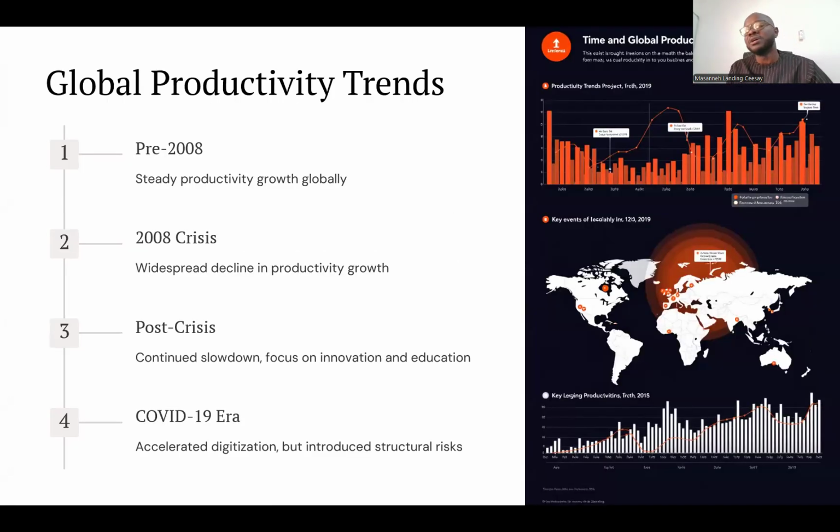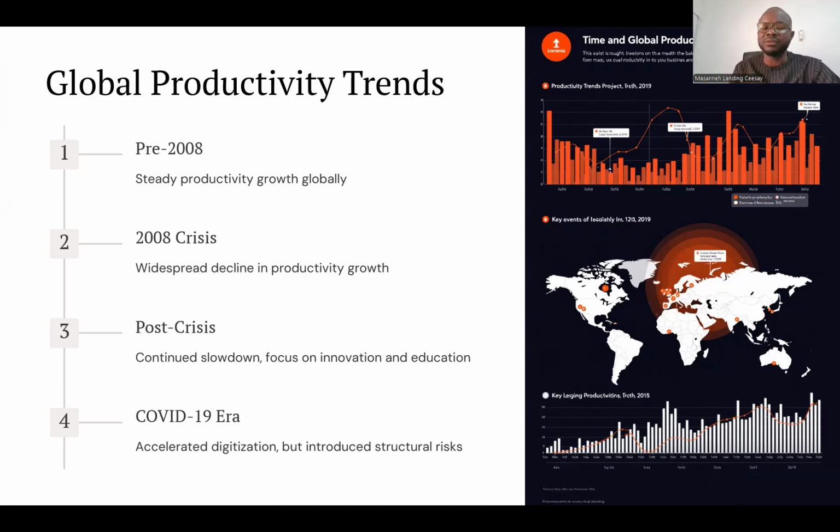So, the productivity trend over time: pre-crisis, that's before the 2008 financial crisis, there had been steady productivity growth globally. Then during the crisis, there was a decline in productivity level. Post-crisis, of course, there was a continued slowdown, but now there is more focus on innovation and technology.